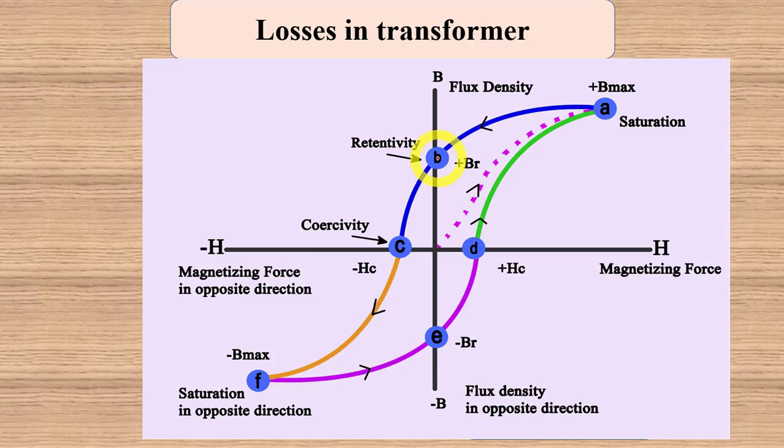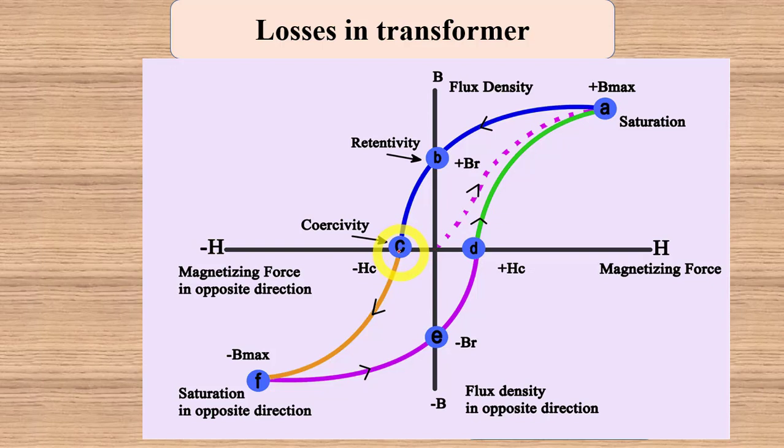Further, to get the flux density to 0, we have to apply magnetizing force in the reverse direction. At point C, the magnetic flux density of the material is 0, but still some magnetizing force is present.